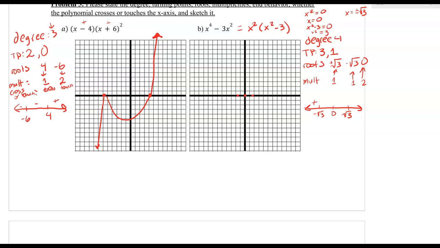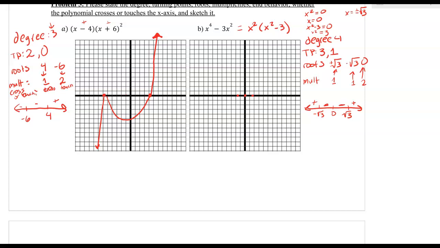And then if I plug in anything between negative square root of 3 and 0, for example, negative 1, I should get a negative number. If I plug in anything between 0 and square root of 3, for example, 1, I should still get a negative number. And if I plug in anything after square root of 3, I should get a positive number again.